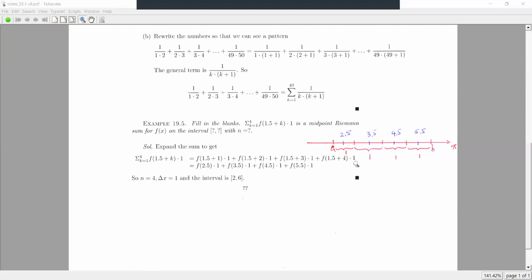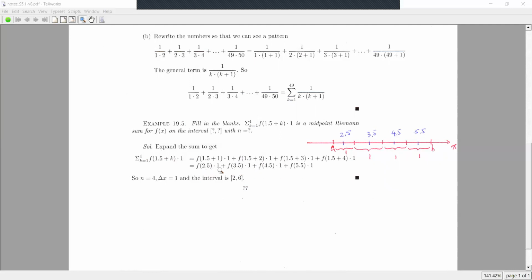K is 4, fourth term. Now, 1.5 plus 1 is 2.5. 1.5 plus 2 is 3.5, and so on. So this sum in sigma notation is the sum of these 4 terms.